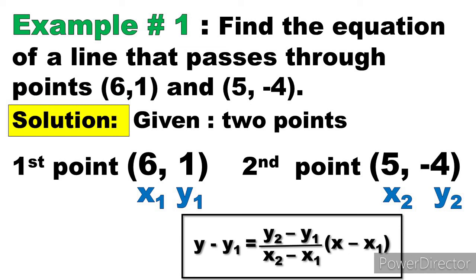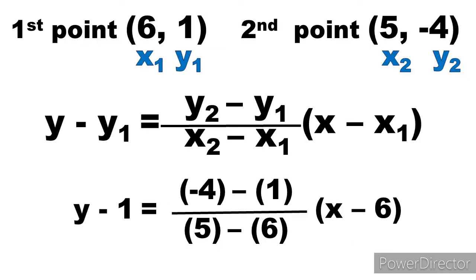Okay, kasi siya yung pumapangalawang x. And negative 4 is y sub 2 kasi siya yung pumapangalawang y. Okay, after nating ma-identify ang x sub 1, y sub 1, x sub 2, and y sub 2, isa-substitute na natin doon sa formula. Okay, sa 2-point form formula.